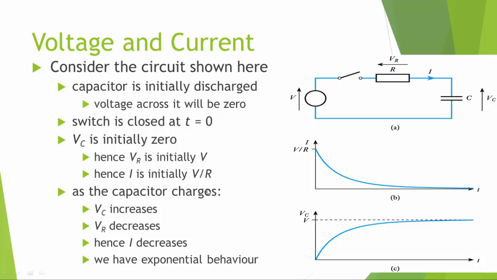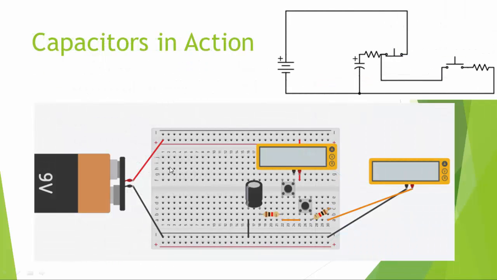So I'd encourage you to give that a little bit of thought, because it's important to think about the way that a capacitor charges, because this is most of why it's useful in circuits and why we'll use it in our circuits looking forward.